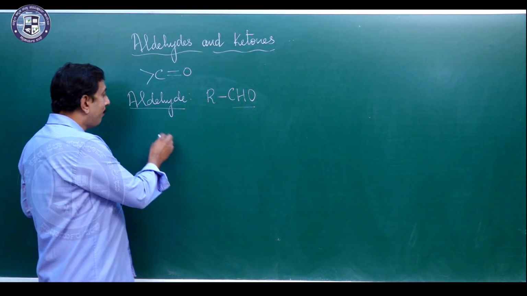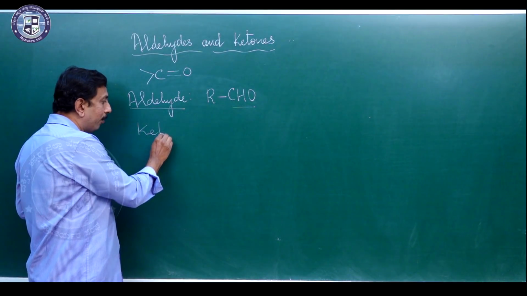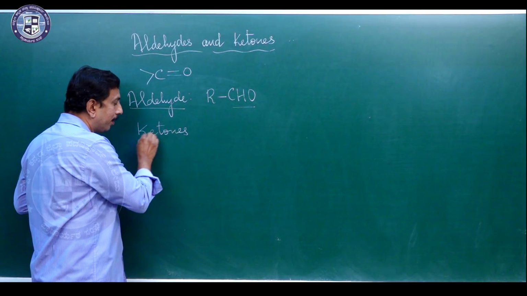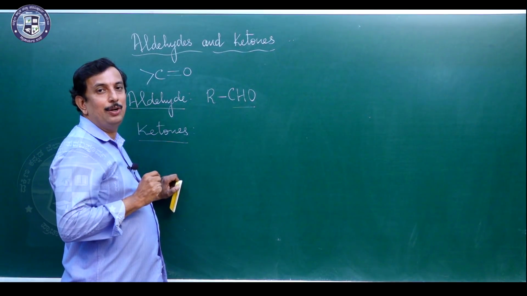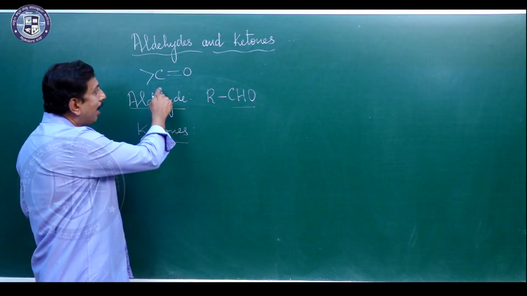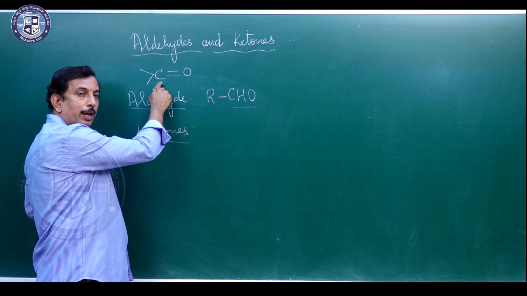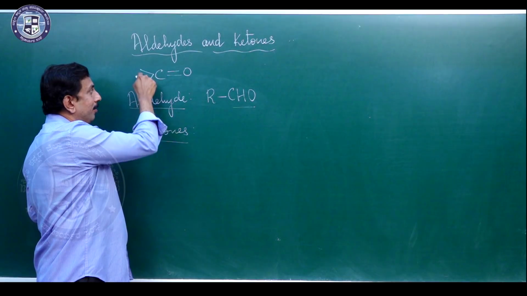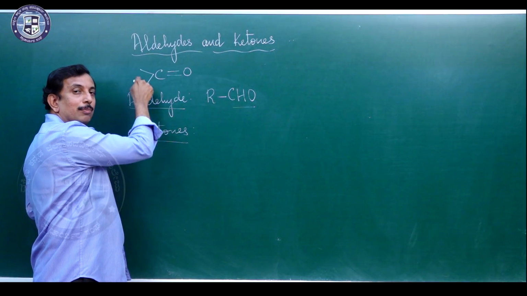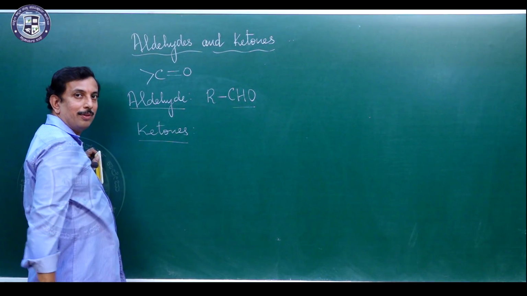In the same way, if I refer to ketones, they are also carbonyl compounds. But in these ketones, the carbonyl carbon is linked with 2 carbon atoms, or attached to 2 carbon atoms.